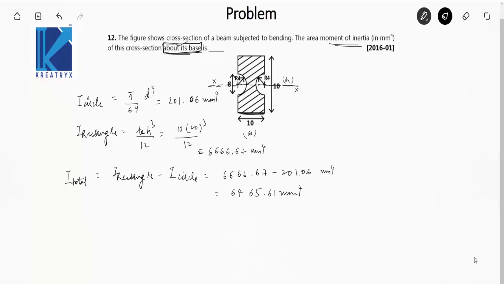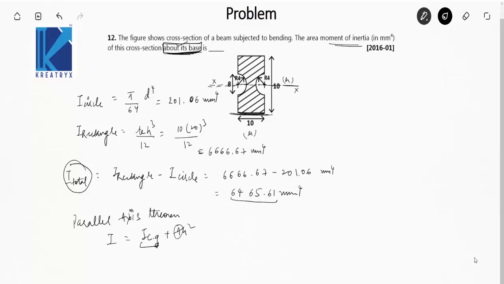This is the moment of inertia of this figure about its centroidal axis, but we have to find the moment of inertia about its base. So applying the parallel axis theorem, which states that I is equal to ICG plus AH square, we know ICG is 6465.61.